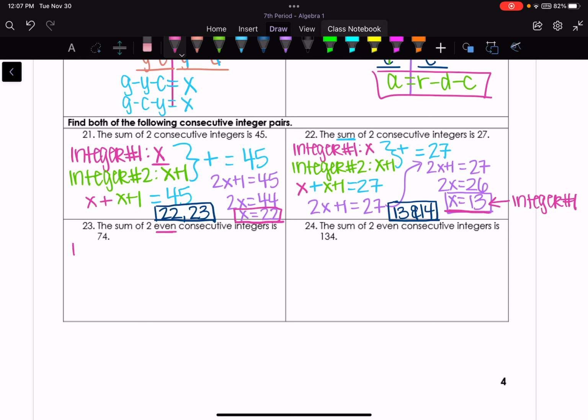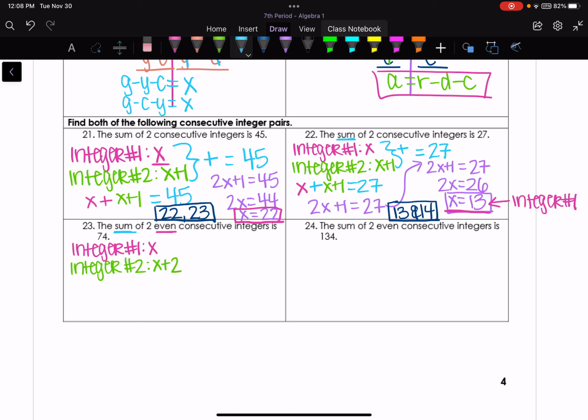So if integer number 1 is always represented by x, integer number 2, to get from the first even integer to the second even integer, it's now going to be x plus 2.